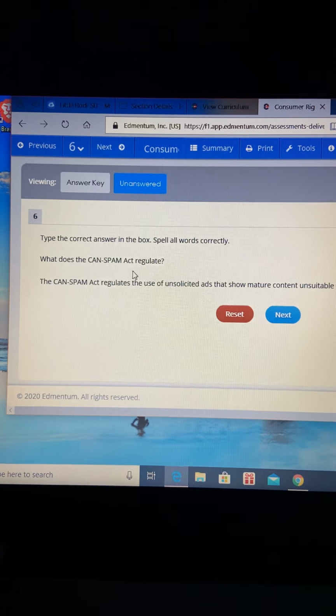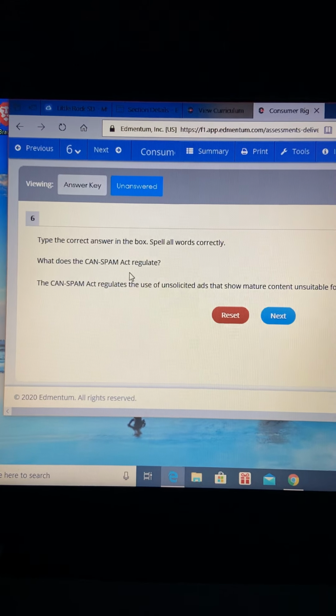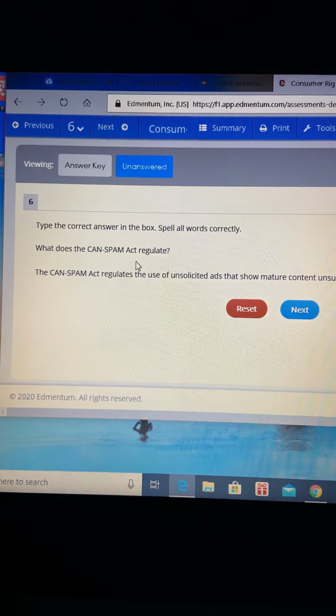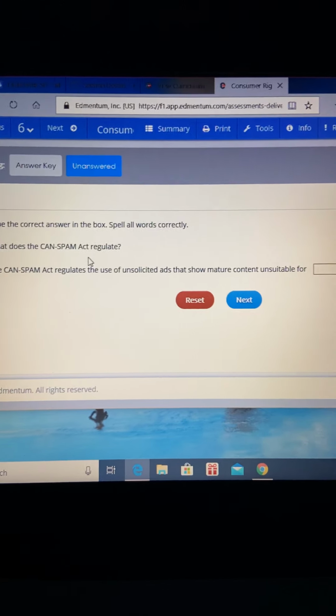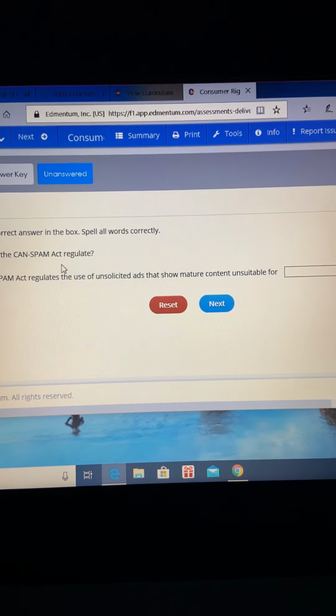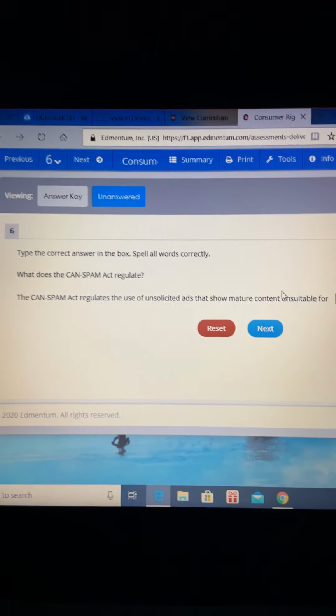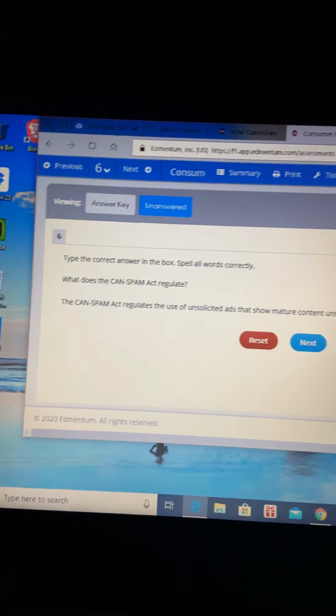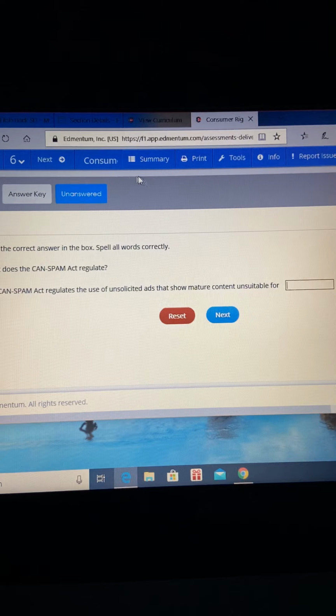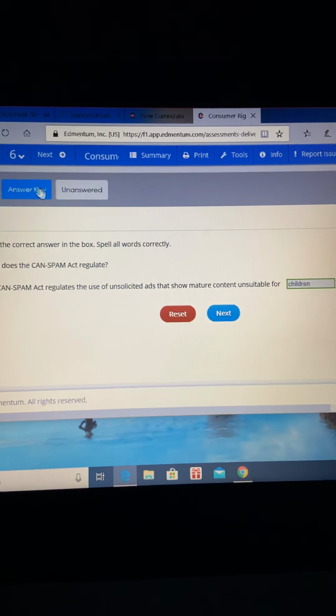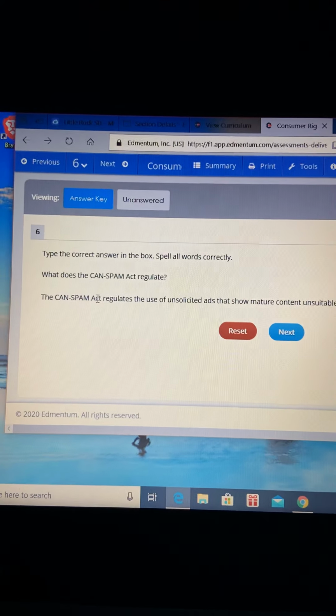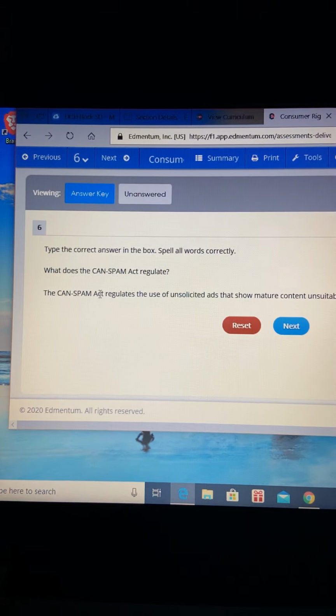What does the CAN-SPAM Act regulate? The CAN-SPAM Act regulates the use of unsolicited ads that show mature content unsuitable for children. So, here's the answer. We did not discuss this again, so here it is.